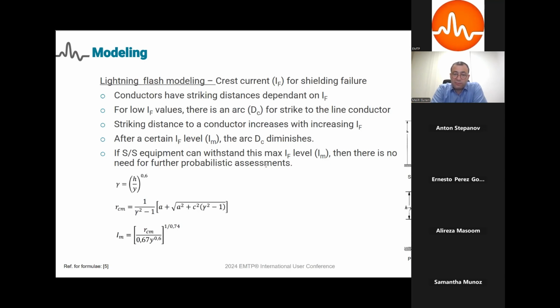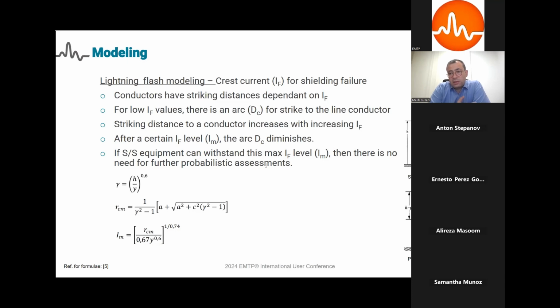Therefore, for very low levels of lightning current, there happens to be an arc where the lightning step leader would terminate on the line conductor instead of the shield wire. As the current of the lightning flash increases, that arc diminishes. Therefore, beyond a certain value, there is no possibility of a strike to the line conductor.